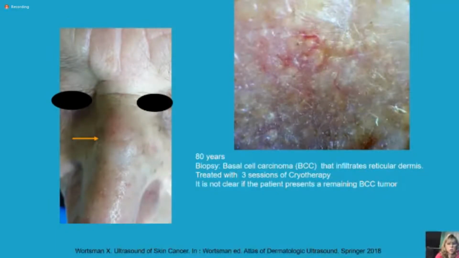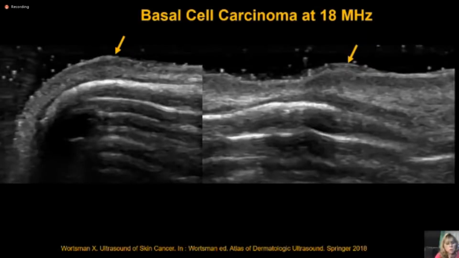In this case, you see a patient that presents a biopsy that says basal cell carcinoma with infiltration of the reticular dermis. The patient was treated with 3 sessions of cryotherapy, and it is not clear if the patient presents remaining basal cell carcinoma. So the patient was sent to ultrasound, and we performed the study with 80 MHz.